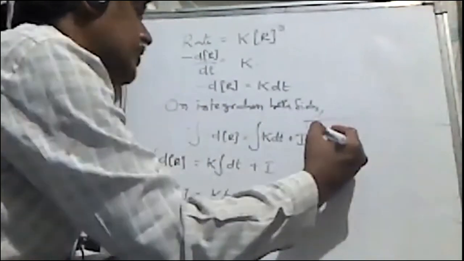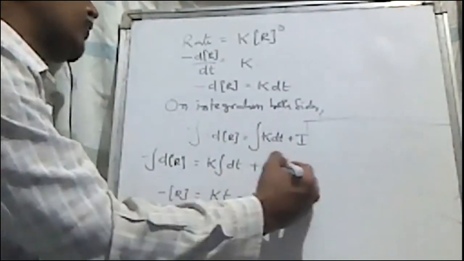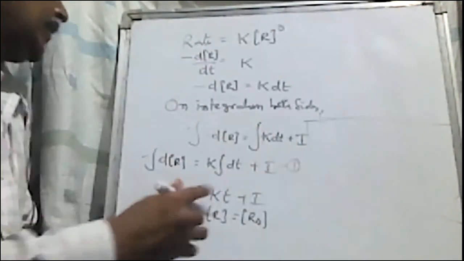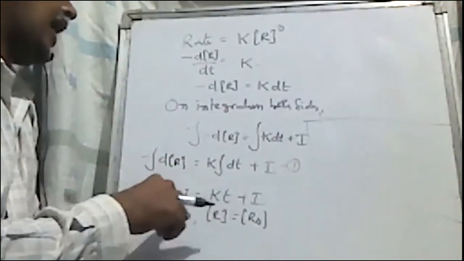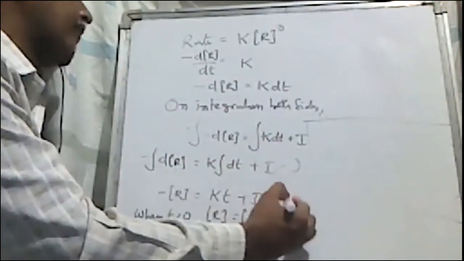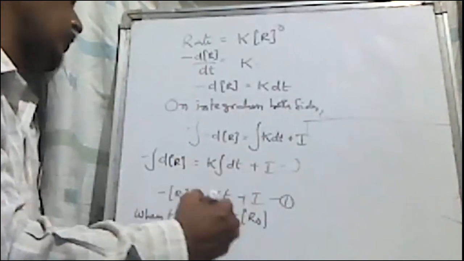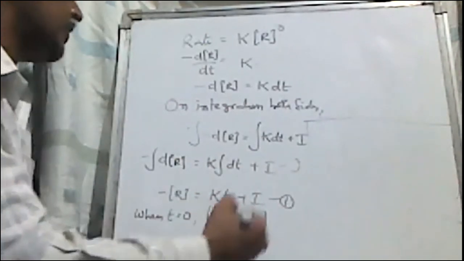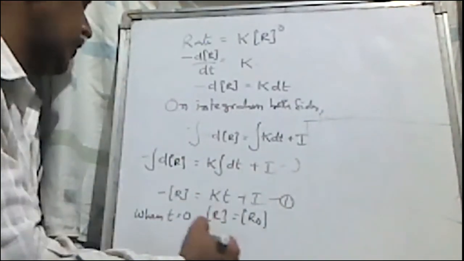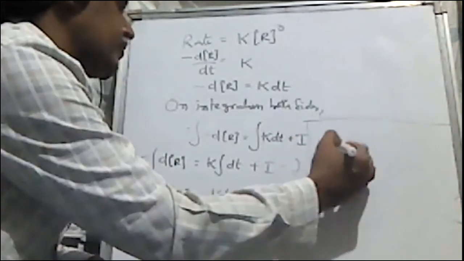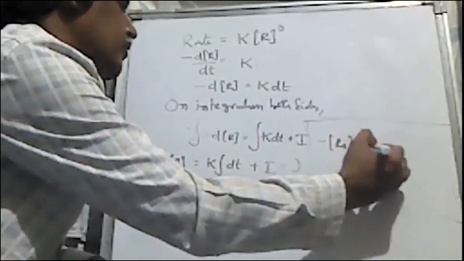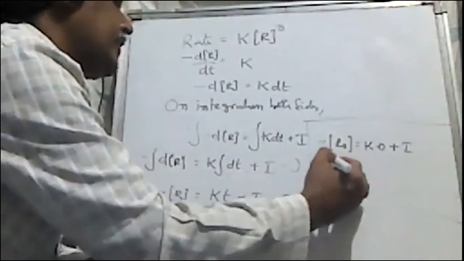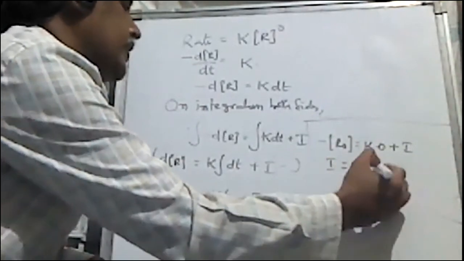Now, let this equation be 1. If I substitute these values in equation 1, then what will happen? R naught is equal to k into 0 plus I. I is equal to minus R naught.